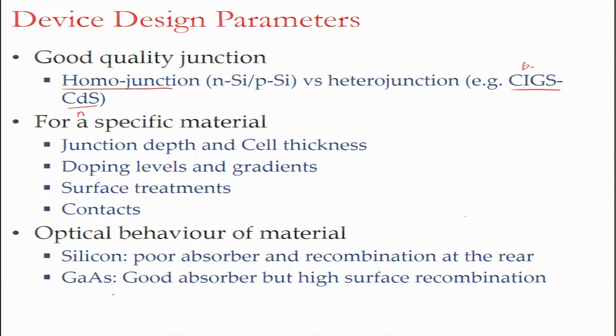Gallium arsenide on the other hand is a very good absorber, but it has high surface recombination. Okay. So, silicon has high bulk recombination and recombination at the rear as compared to gallium arsenide. Gallium arsenide is a good absorber because it is a direct band gap material, but it has high surface recombination velocities. So, there are different issues with different materials which have to be overcome by adopting device fabrication strategies appropriately.